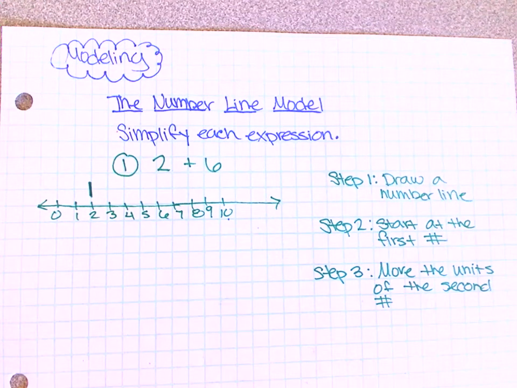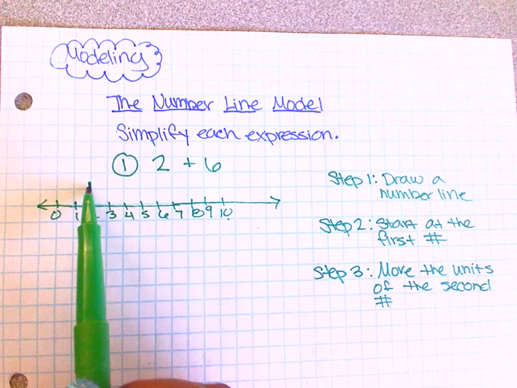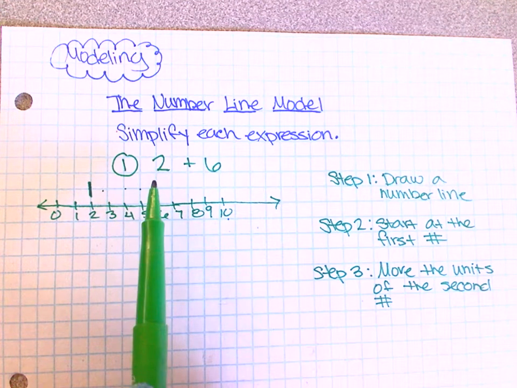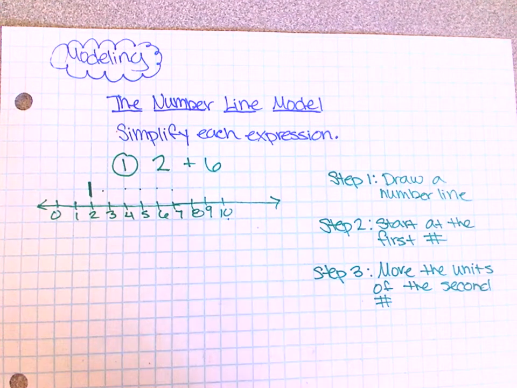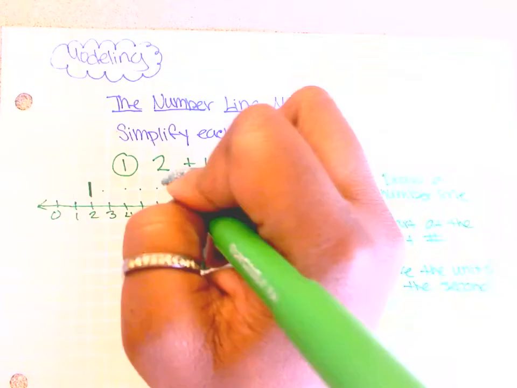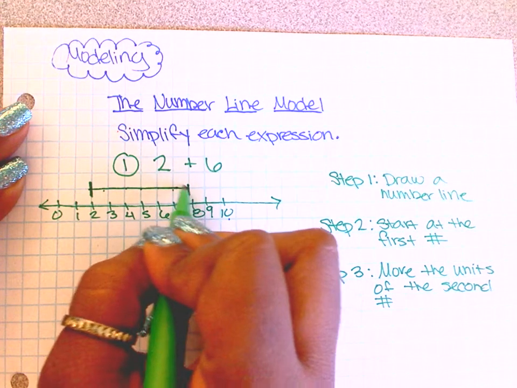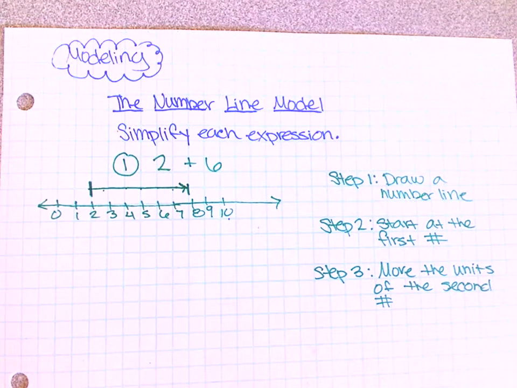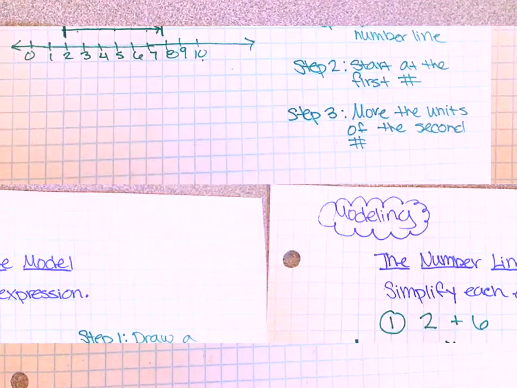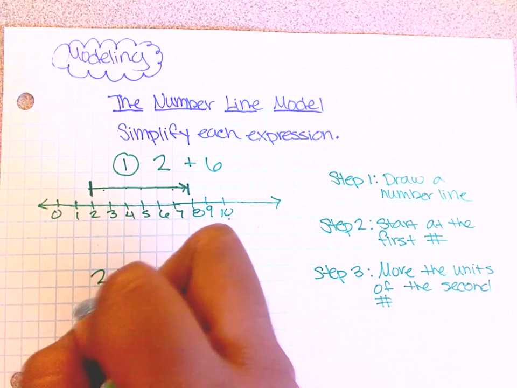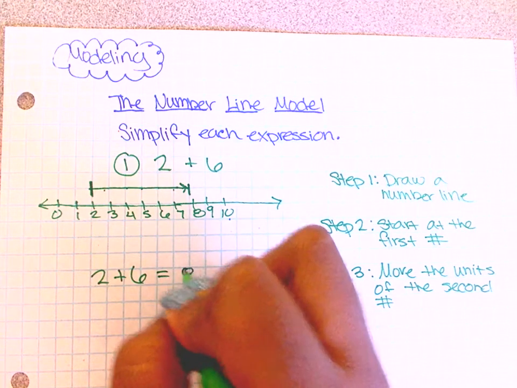And I'm going to go 6 times. 1, 2, 3, 4, 5, 6. And I'm going to get here. So I moved 6 units. So I know that 2 plus 6 will equal 8.